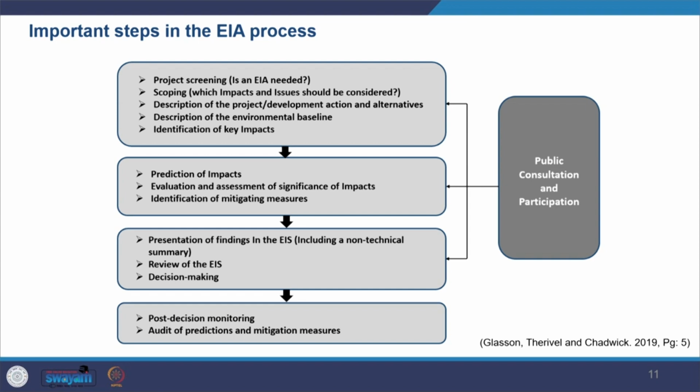And then in the other stage also, when you are working out the alternatives, when you're looking at the possible location, the possible design, the possible source, people can tell you about the alternatives which are feasible for all the parties involved. When you are evaluating the significance of the likely impacts, you can also have participation, and it can add value.